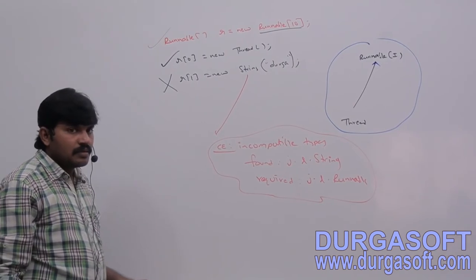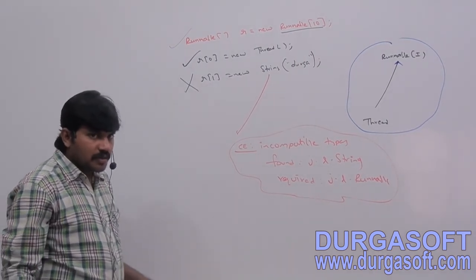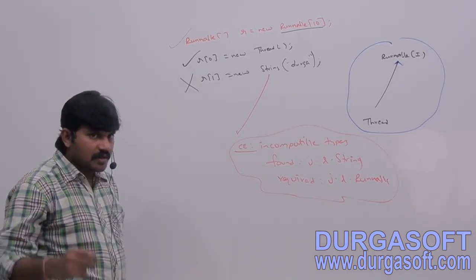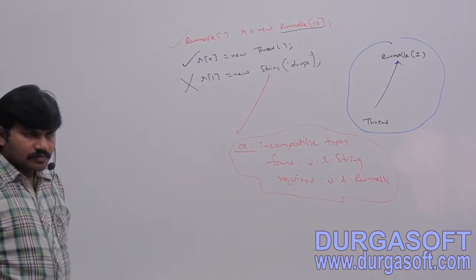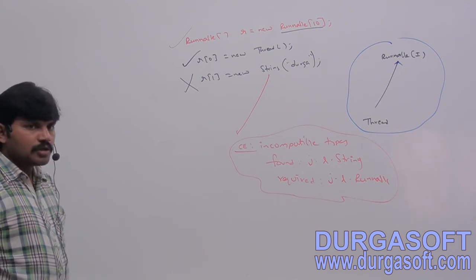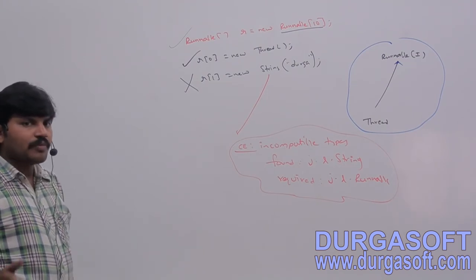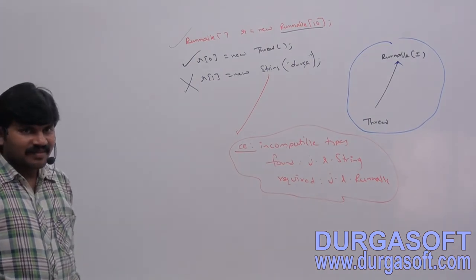Compile time error, right? Throwable object, compile time error. Throwable doesn't implement Runnable, either directly or indirectly, it won't implement. Throwable is what type, man? Exceptions, not threads.